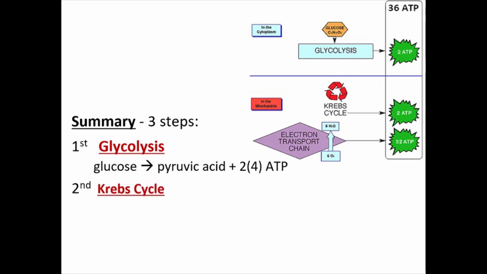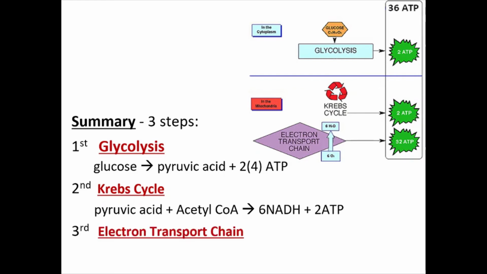Those molecules then get taken up by the Krebs cycle, where they are supercharged and a whole bunch more of them are made so that the cell can produce a whole bunch of ATP in the next step, which is the electron transport chain reaction, where all of those heavily charged electron transport molecules as well as oxygen are broken apart and recombined to produce water and a whole bunch of energy for the cell.